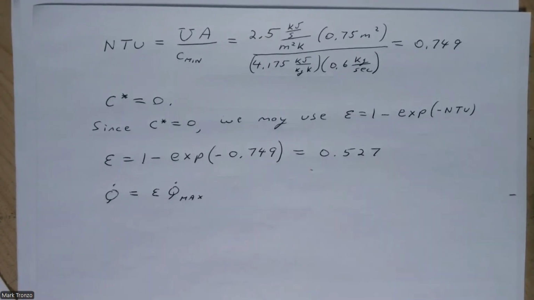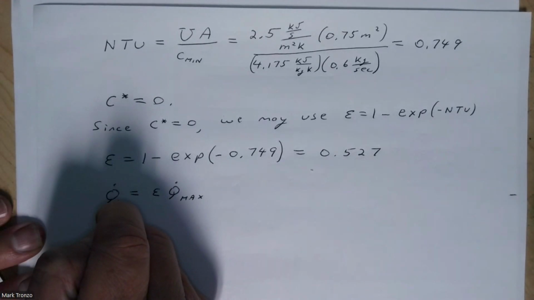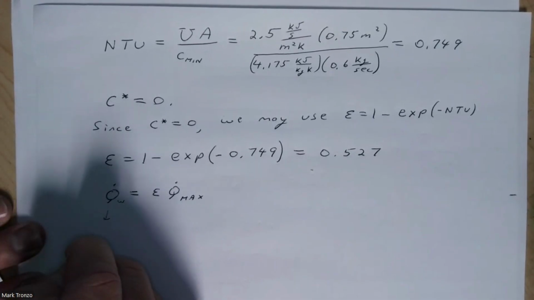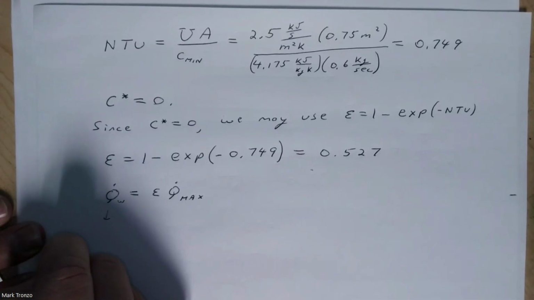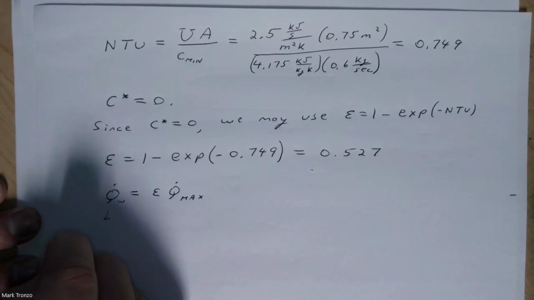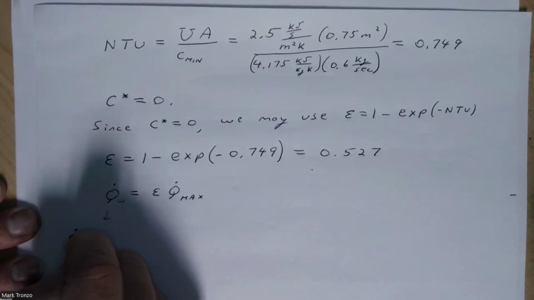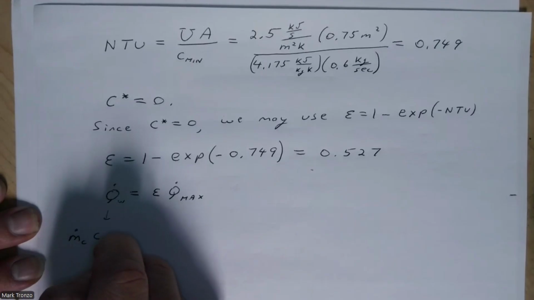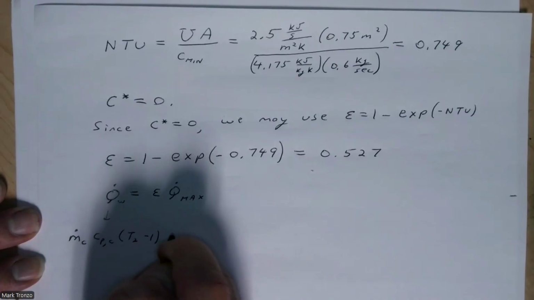And now we're looking for the final temperature of the water. Again, this would be the heat transfer rate of the water. Remember, for water, you can use m dot for the cold, Cp for the cold, delta T. And for delta T, I'll just put T2 minus T1, a little bit easier.